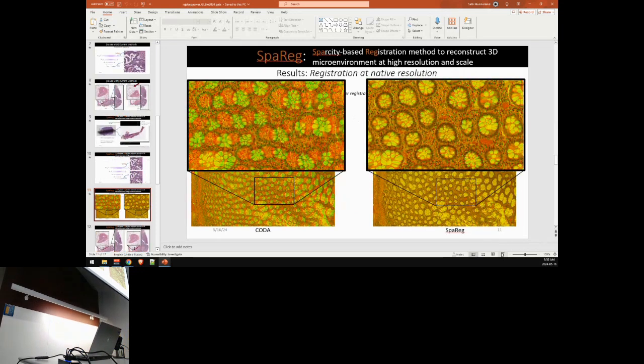This is an example of two images which are overlaid. Let's suppose the first section, the second section. This is what we see after they are overlaid, and using our method, we can see a cellular or nuclear level registration.